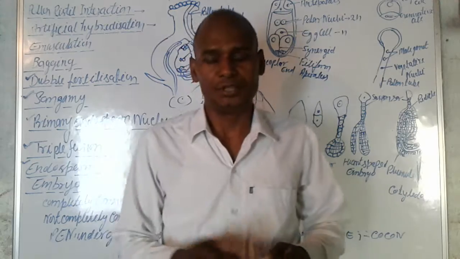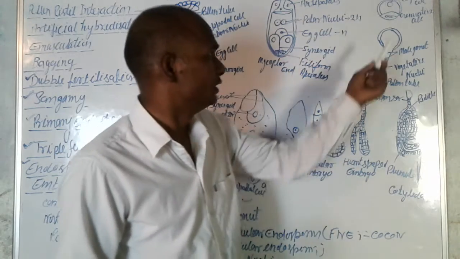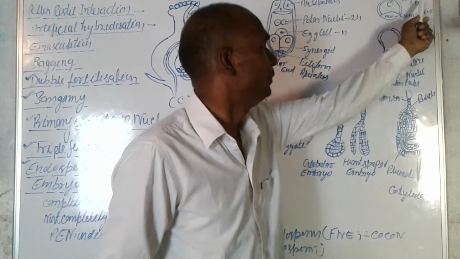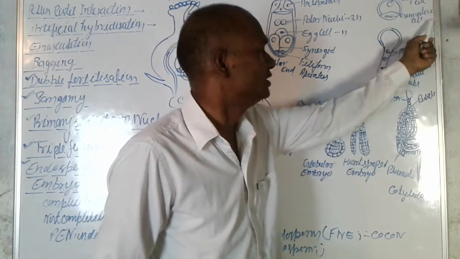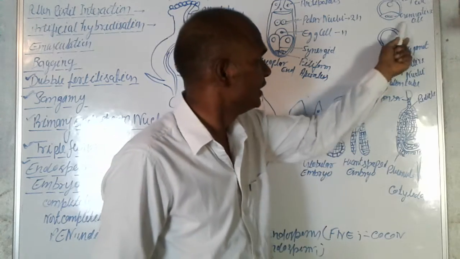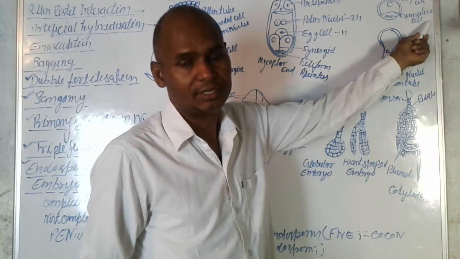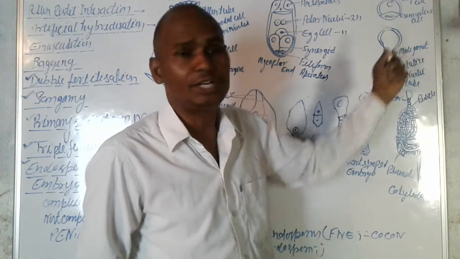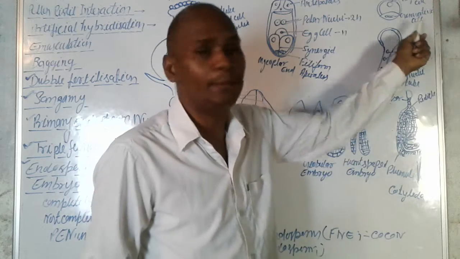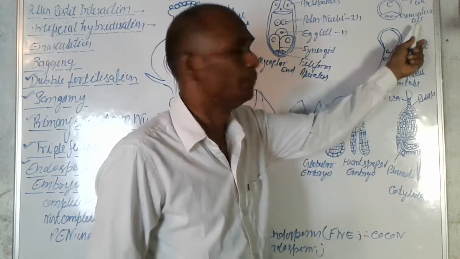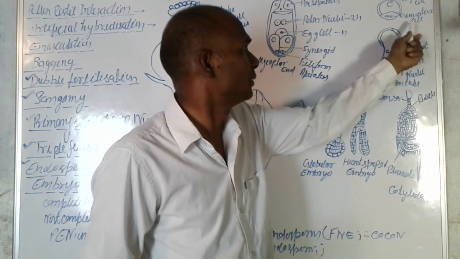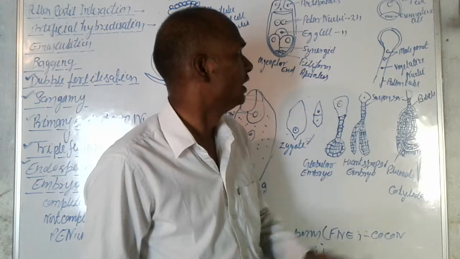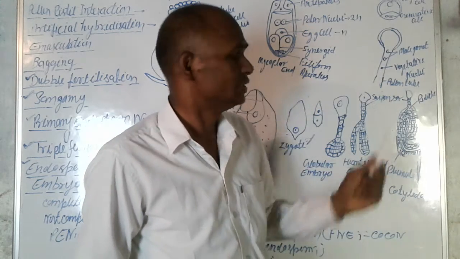You can see here that this is a pollen grain. The pollen grain has a vegetative cell and a generative cell. The generative cell makes gametes. Each pollen tube has 2 male gametes, formed by the generative cell, and 1 vegetative cell.